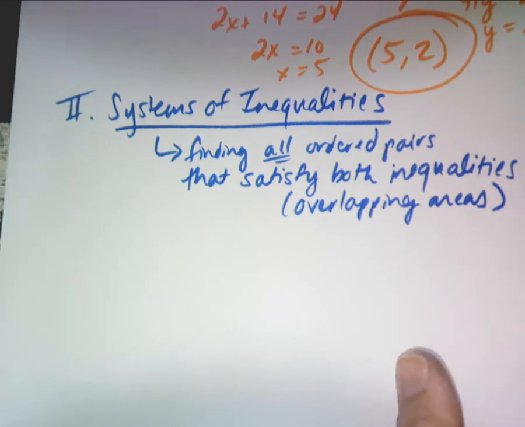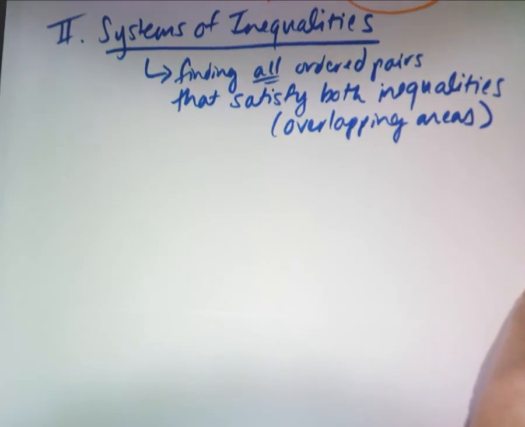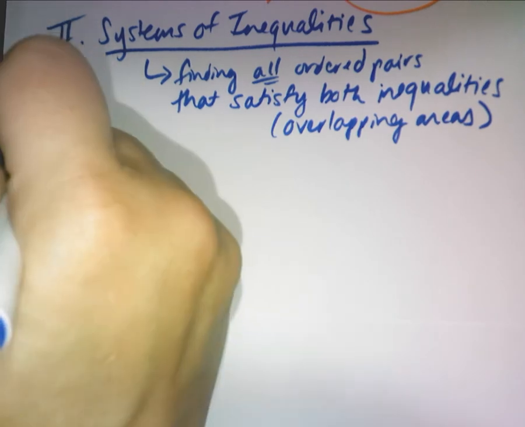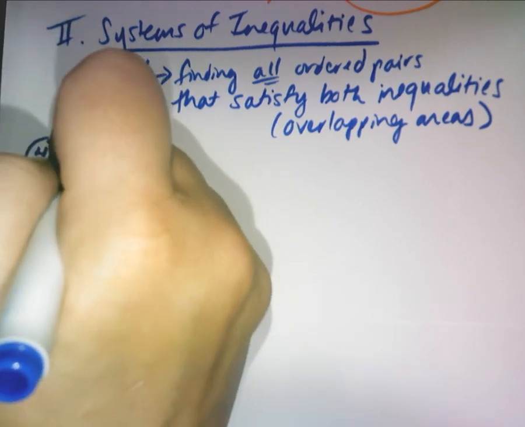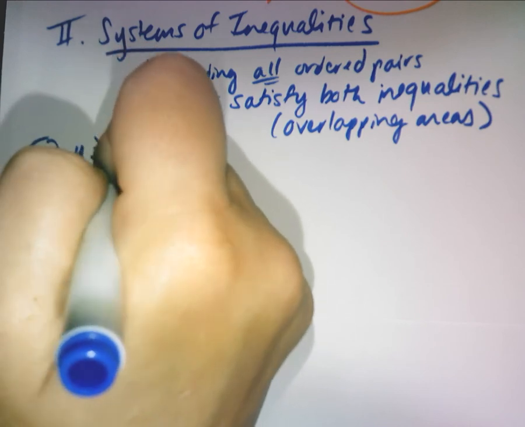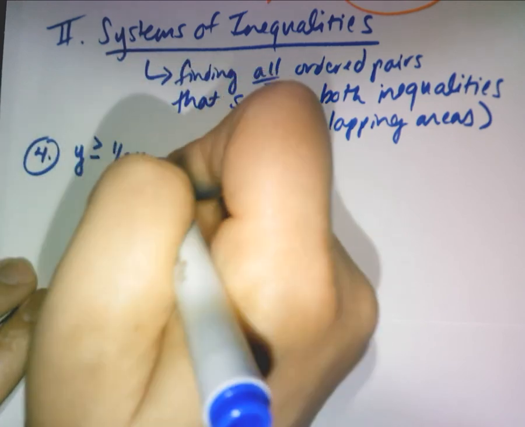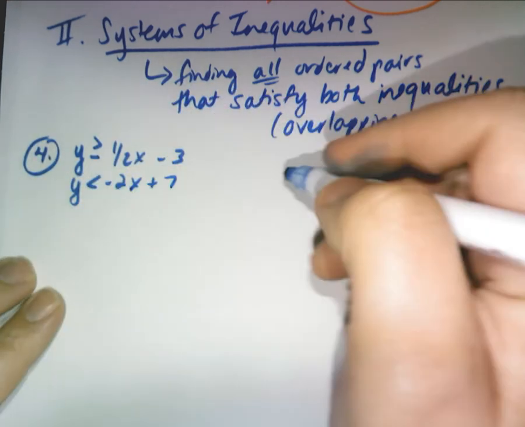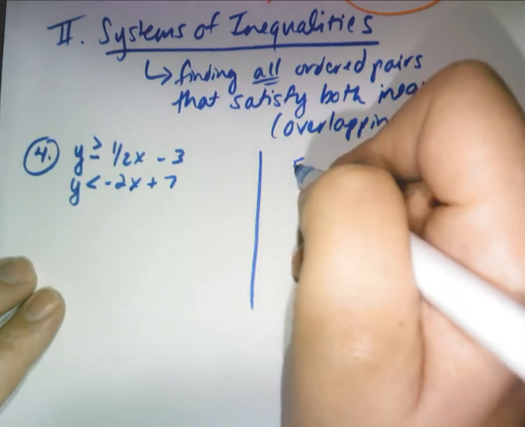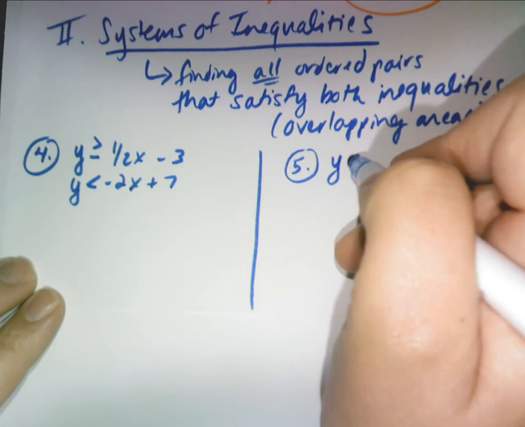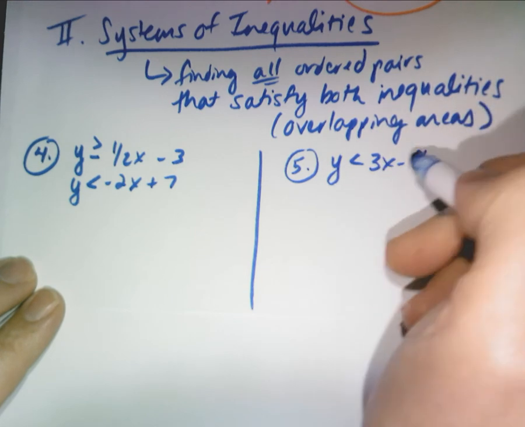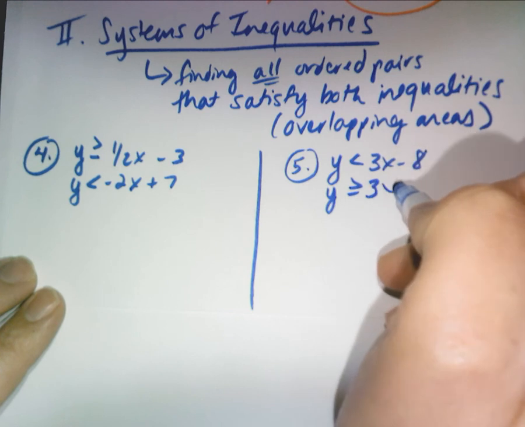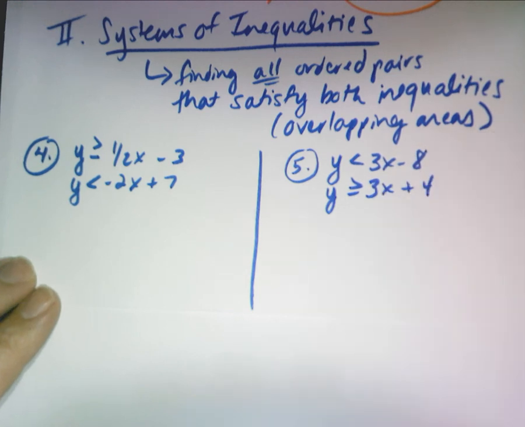I'm just going to do 2 of these real quick, and we'll do them in your calculator just to refresh you on that. So here's number 4. y is greater than or equal to 1/2 x minus 3, and y is greater than or equal to 3x plus 4.